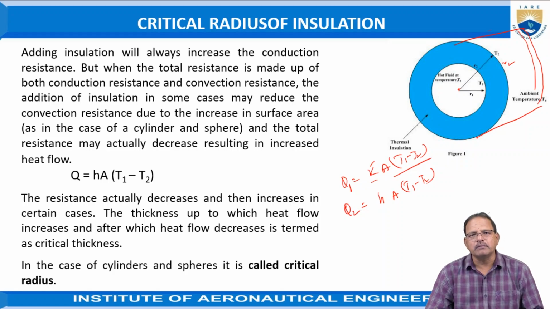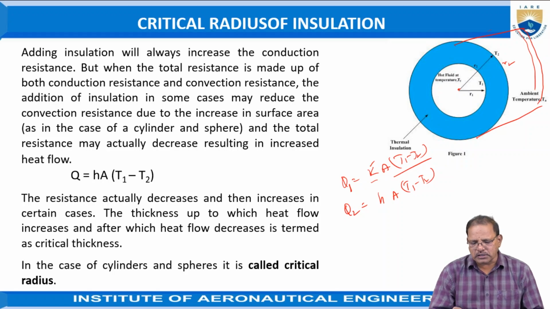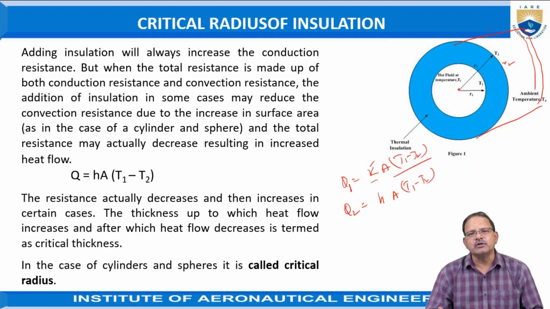But at the same time, due to the convection process involved, the amount of heat energy is increasing. Hence, because of the net effect of convection and conduction, because of the presence of insulation materials over it, the magnitude of heat transfer taking place increases up to a certain limit.